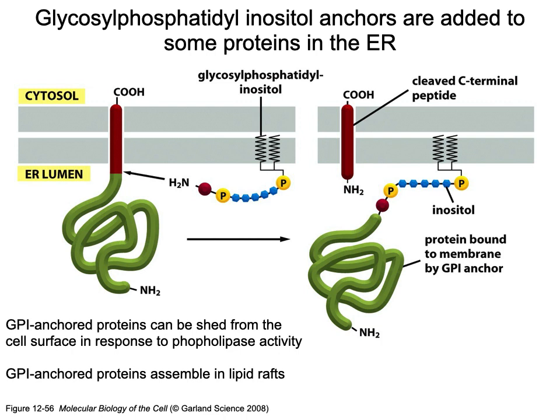It allows the protein to move through this secretion process in a controlled fashion. And GPI anchored proteins can assemble into lipid rafts. So it's a way to, again, regulate how proteins are moving through the process.